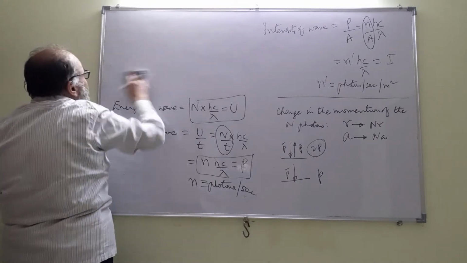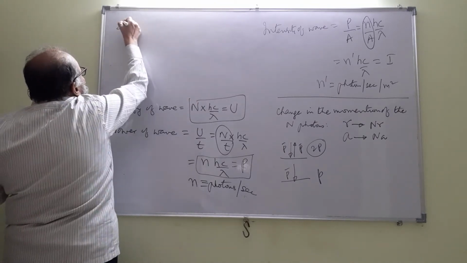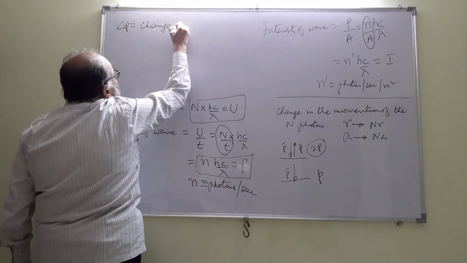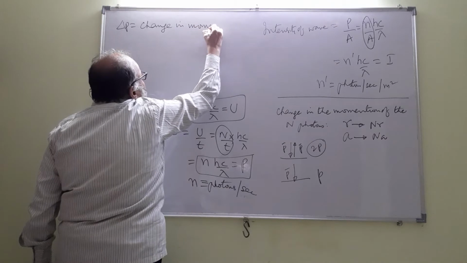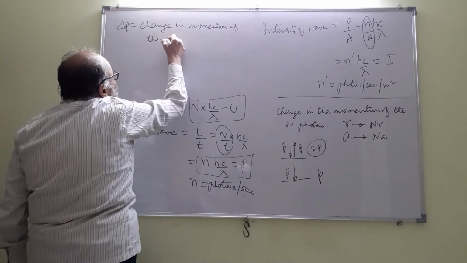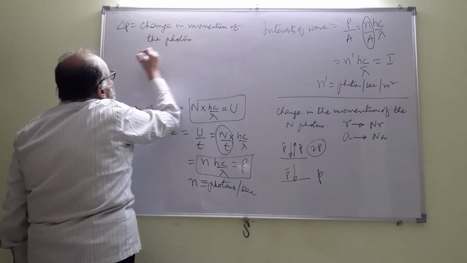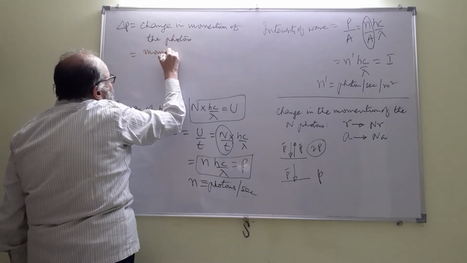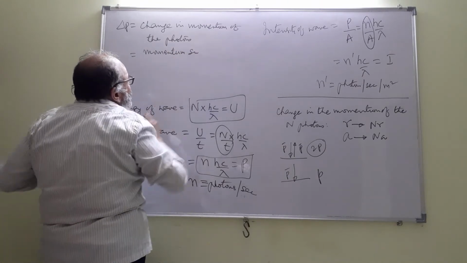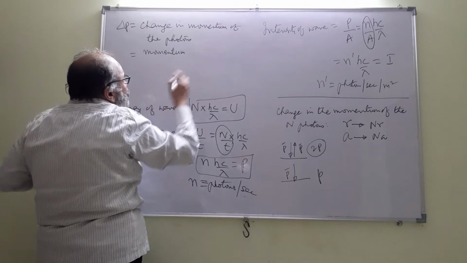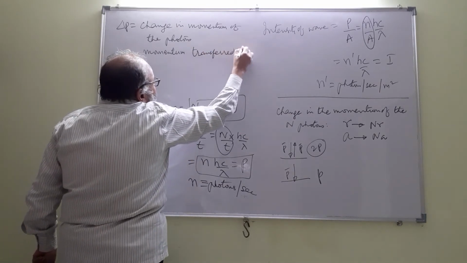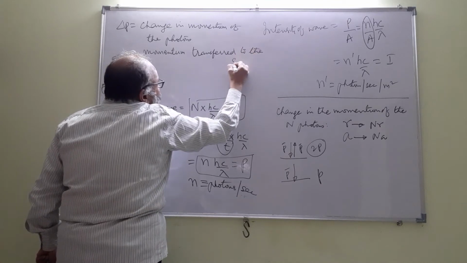Delta p, the change in momentum of the photons, is also the momentum transferred to the surface.